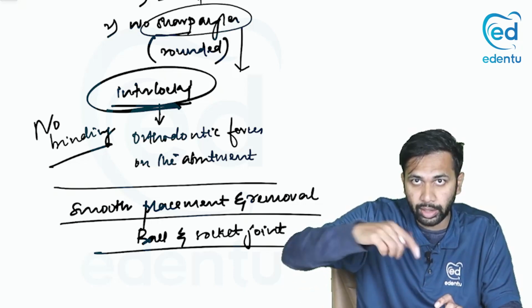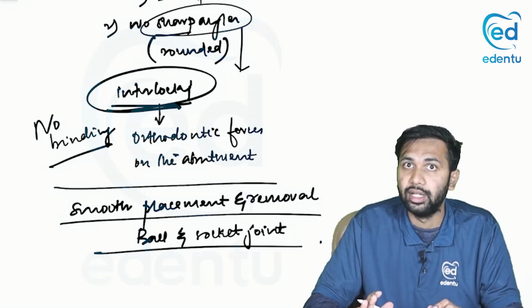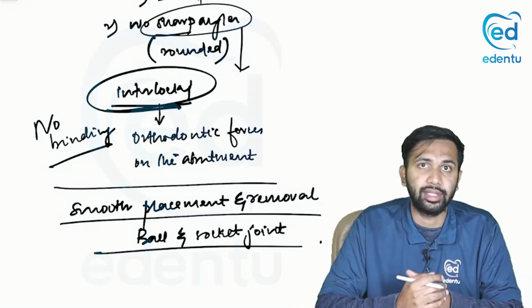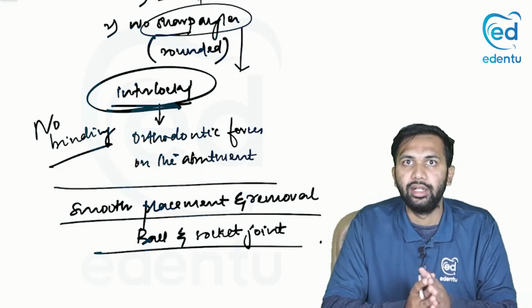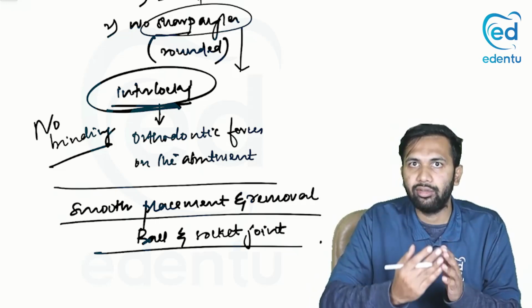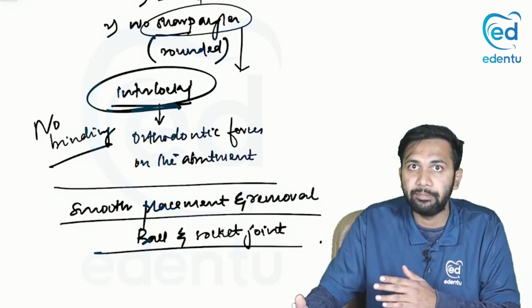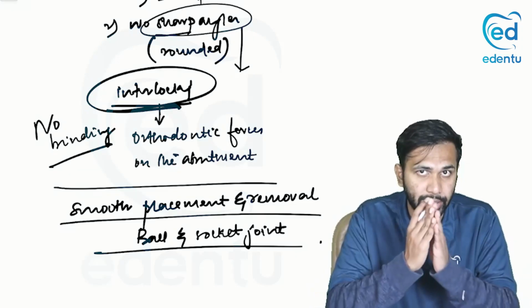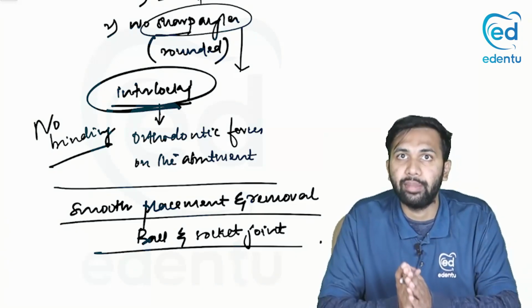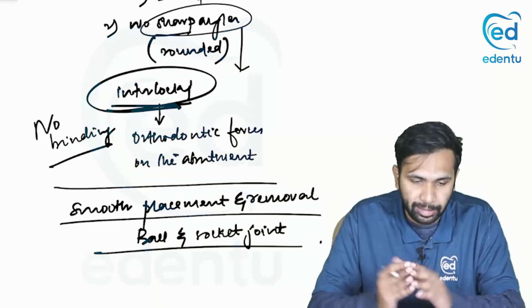Once it gets locked and you try to remove it, it will exert forces on the teeth. The actual cast partial denture is heavy. It is made up of metal. So you remove it 3 times per day for, let's say, 2 years daily. Your abutment can become mobile. So rest preparation is very critical in the making of a cast partial denture or an RPD.